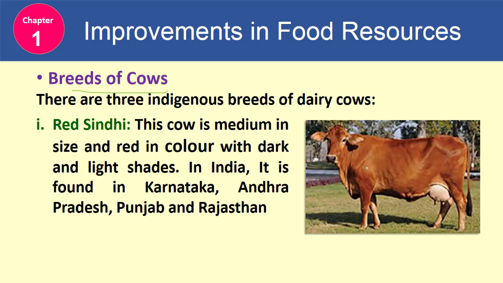Okay, so this is a Red Sindhi cow. As derived by the name, it is red in color with dark and light shades. In India, it is found in Karnataka, Andhra Pradesh, Punjab and Rajasthan.